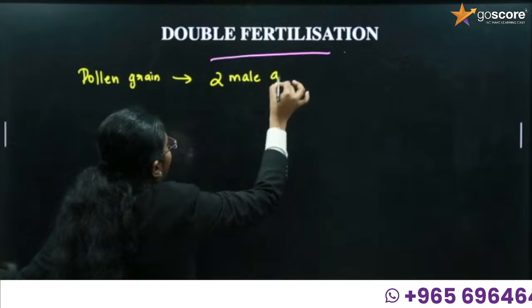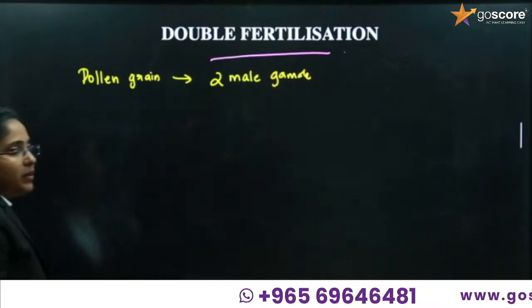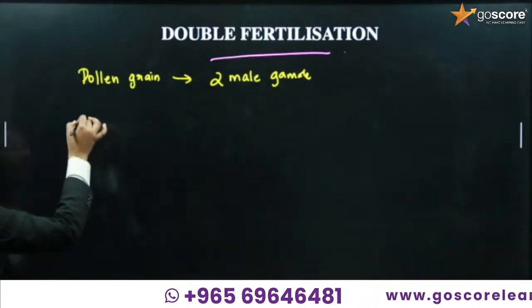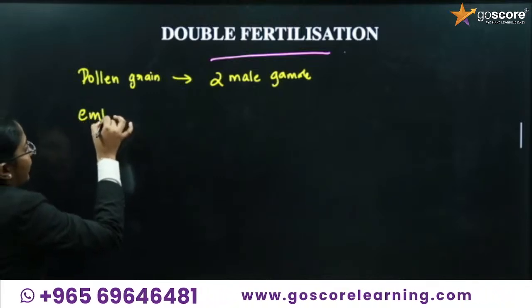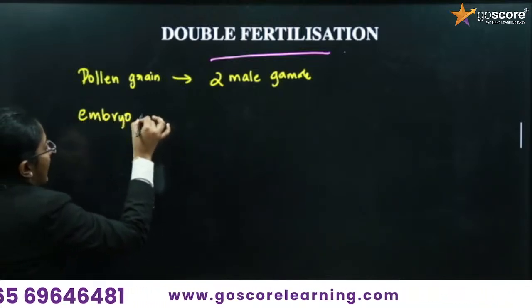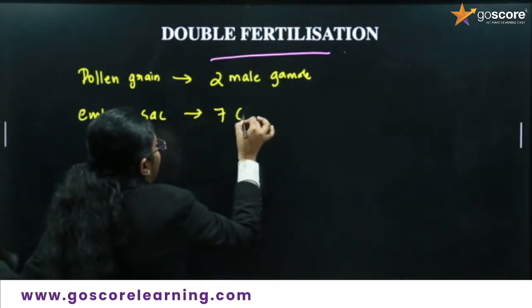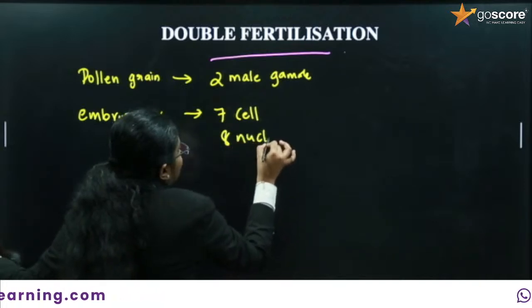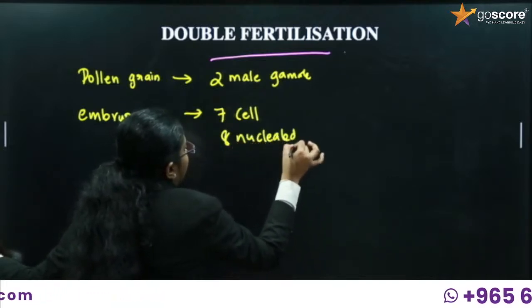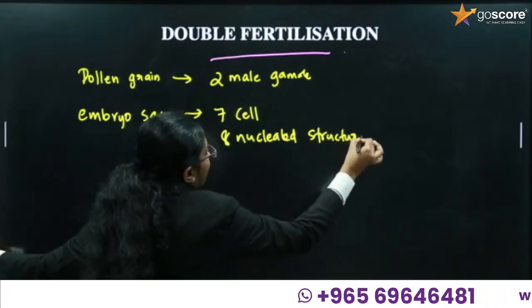Next, we have studied the structure of the embryo sac, and also we have learned that it is a 7 cell, 8 nucleated structure. Right? Yes or no? Yes.